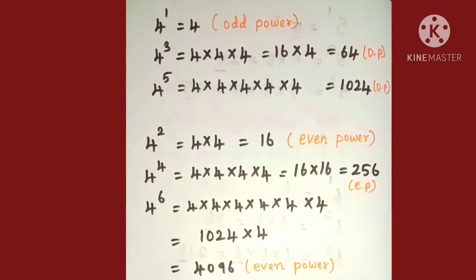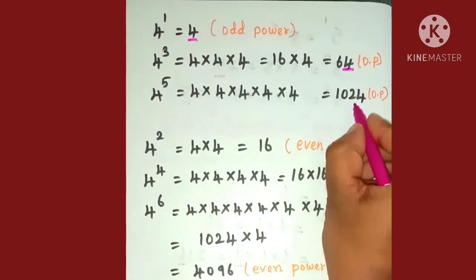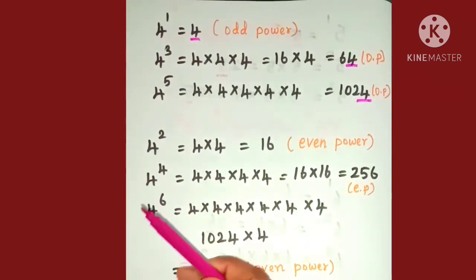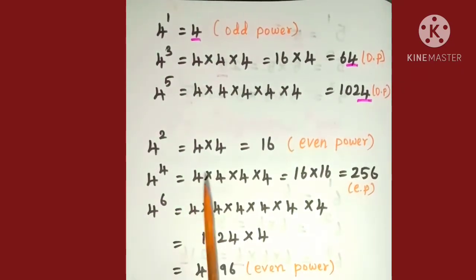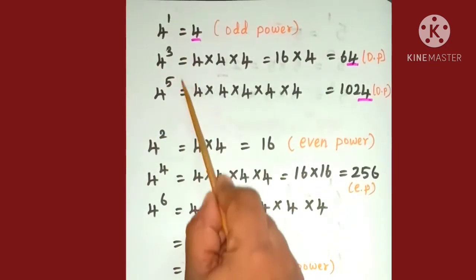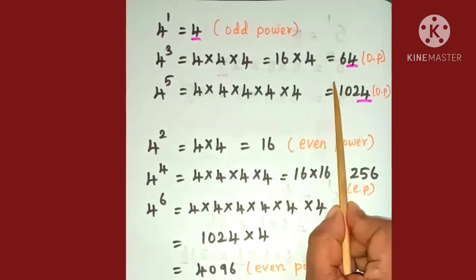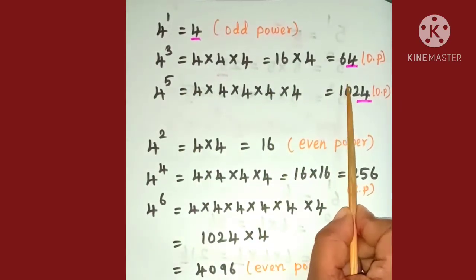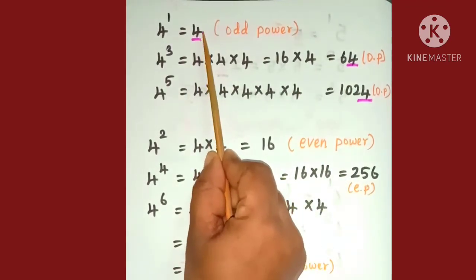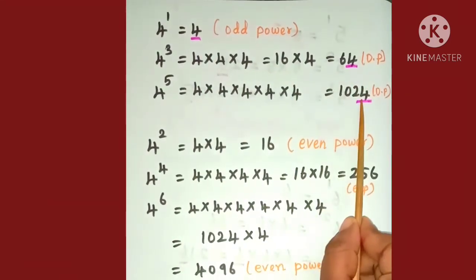That is the unit digit as 4. See, when we take the powers of base 4 as odd numbers, the expanded value has unit digit 4, isn't it?